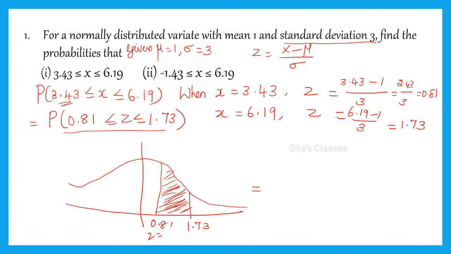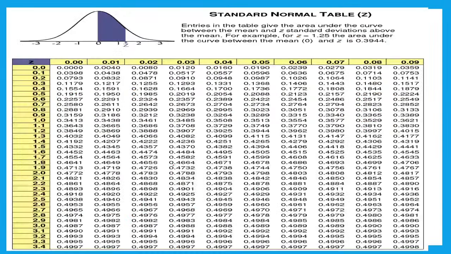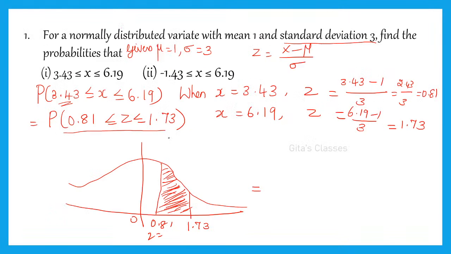Whatever area is given, try to express it in terms of 0 to z so that we can make use of the table values. Please remember, in the table we have z equal to 0 to z. So I can find out up to 1.73.